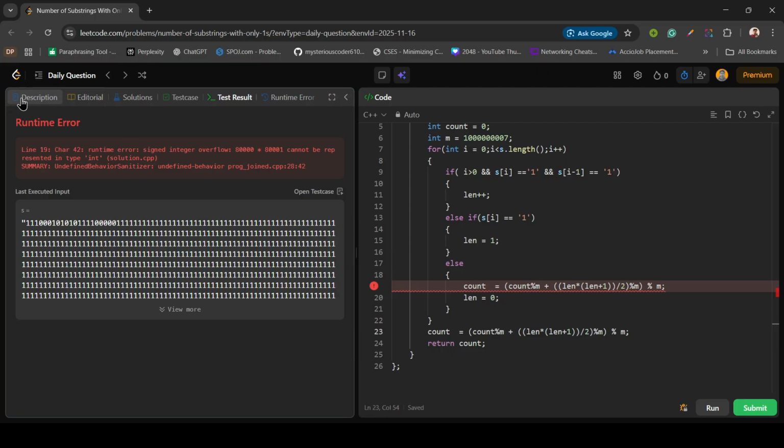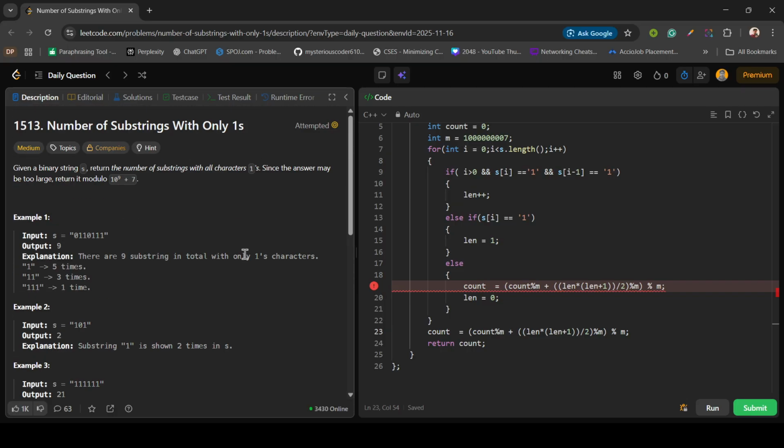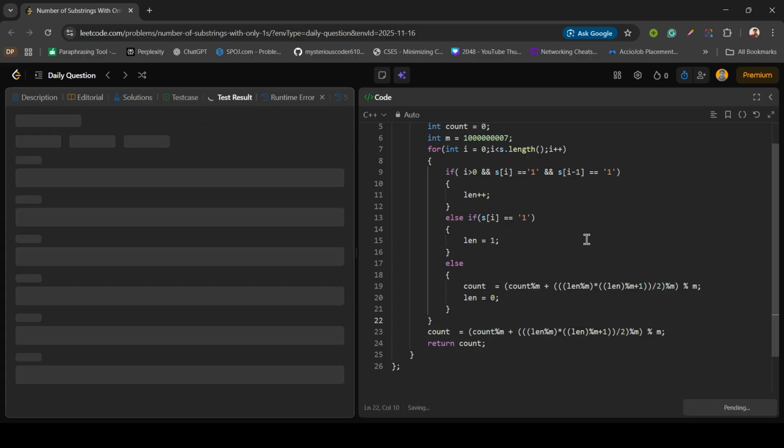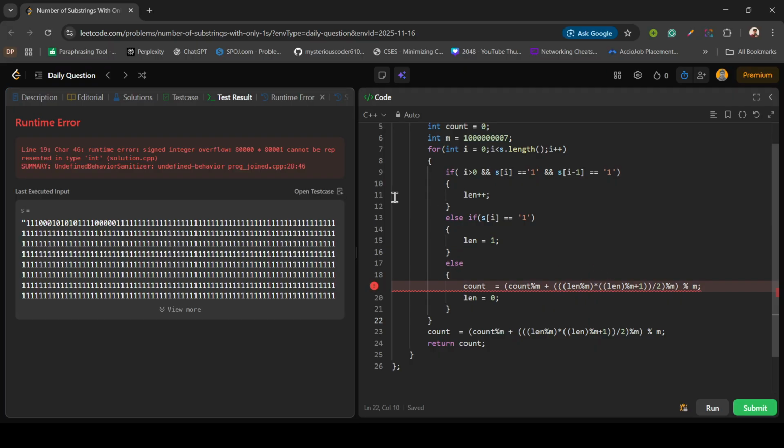Again, some error. I guess it is a problem with its length, right? So we will change its length also: length percentage m. Okay, 8 into 0.